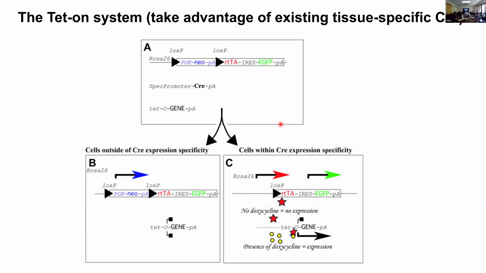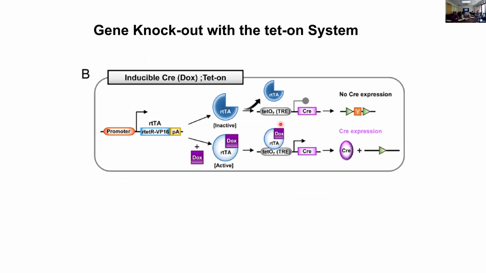Okay. So the last thing we talk about is gene knockout. You can still use the Tet-On system to do the inducible Cre equivalent of things. So basically here, you have your rtTA driven by the promoter, right? And then you have a TRE-Cre, or TetO-Cre as people say it. And then you have your flox allele.